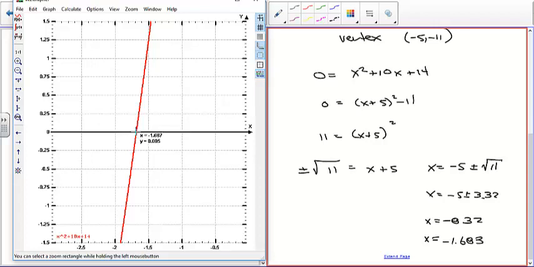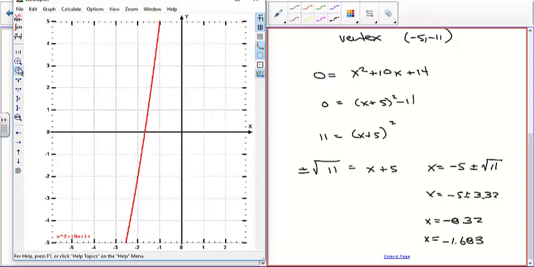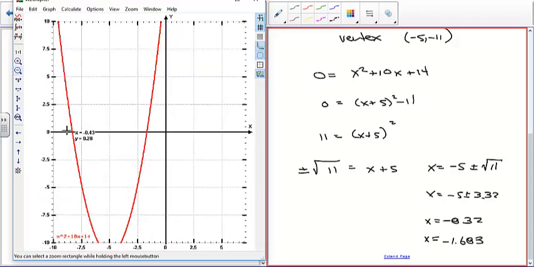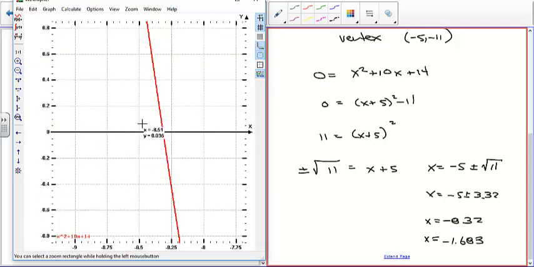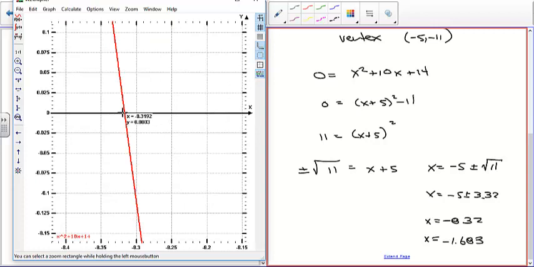Negative 1.687. There you go. And the other one is this one, so we zoom in and put the cursor, and it says negative 8.316, negative 8.32. Okay, so it looks good.